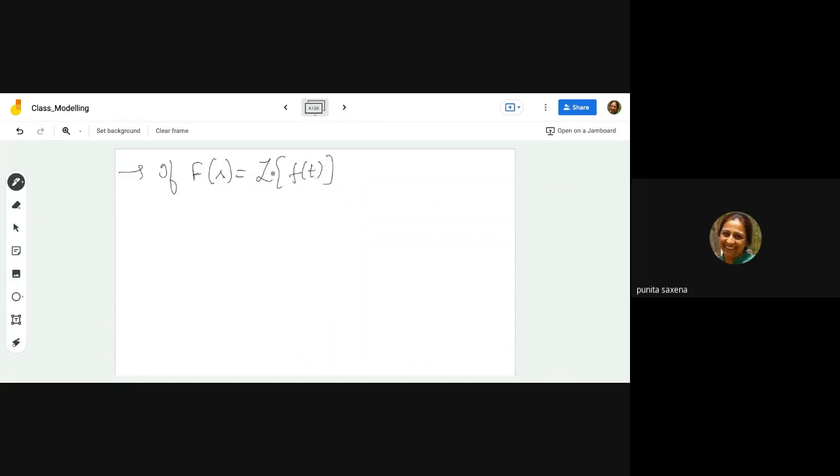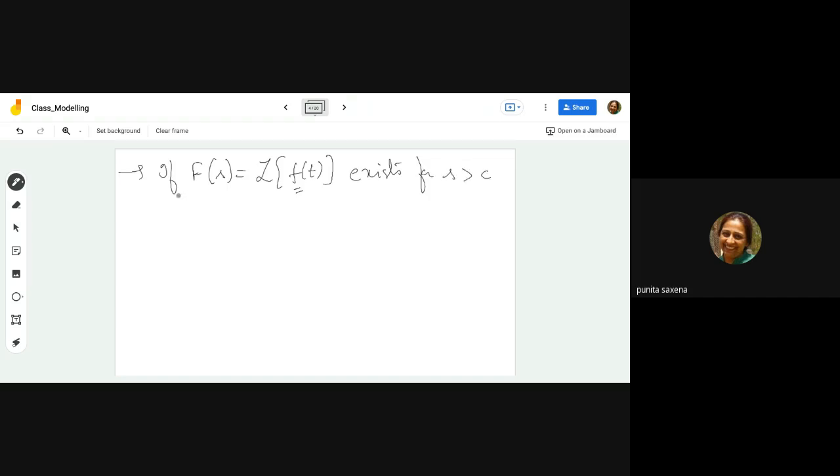that means, of course, this small f satisfies all the conditions for the existence of the Laplace transform. And this Laplace transform exists for s more than c, some c.